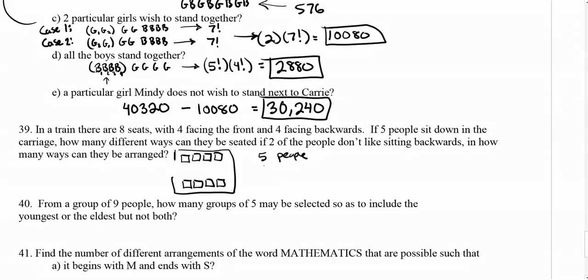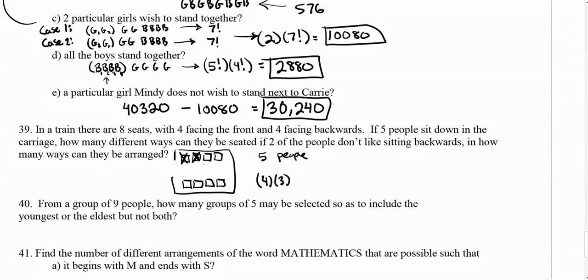Let's say the first 2 people are the pickier people. They have to sit forward. So the first person that's sitting forward walks in. He's got 4 choices. Let's say he sits right here. Okay. Second person walks in. That's another picky one. He's got to sit forward. So now he only has 3 choices. Let's say he sits right here.